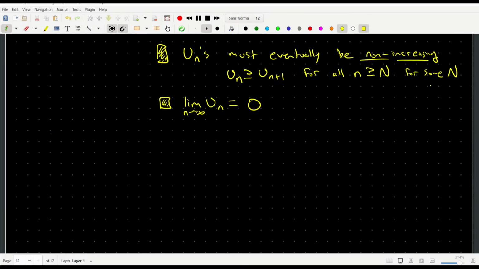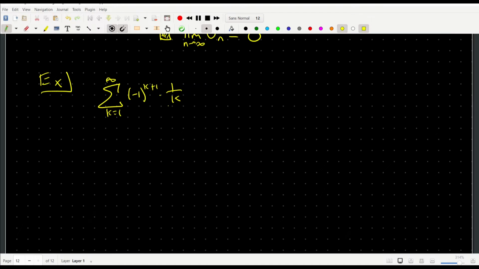So if we apply this to the alternating harmonic series, we see that for the alternating harmonic series, the kth term u_k is 1 over k, and we have that u_k, which is 1 over k, is always positive. 1 over k is always decreasing.